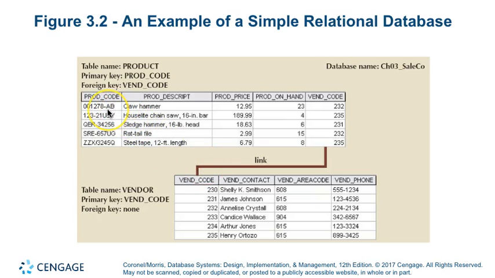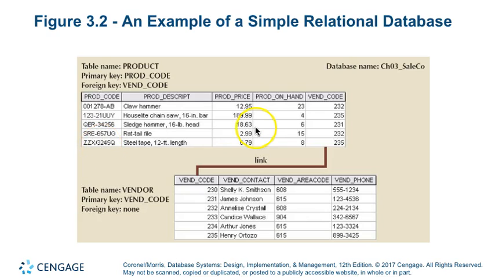Now the product codes for our products appear to be unique. If we've made it the primary key, and yes, we have, then the database engine would not allow us to enter a tuple or a record that had a duplicate. It would actually give an error.